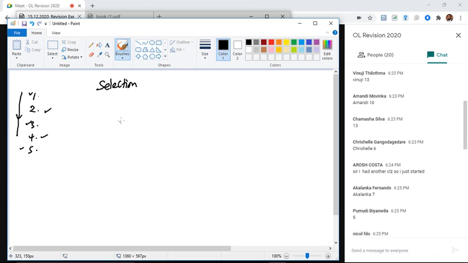What will happen in the selection? Graphical representation. Here you are having a decision box with this. You are checking, right? So here the data flowing here. You are checking for some condition. Okay, here you are having a condition.